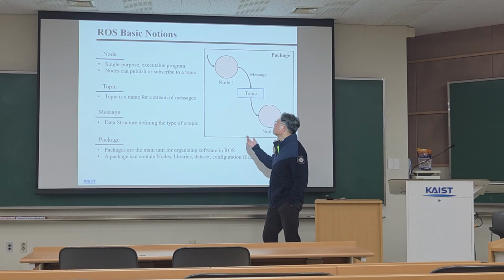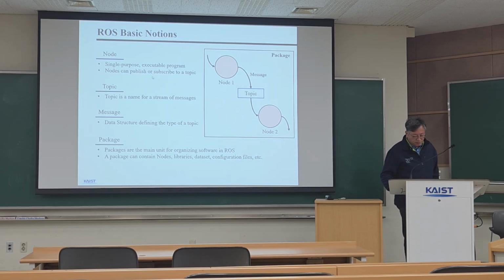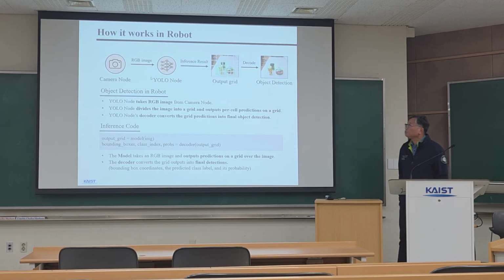Okay. So there's a camera node, which takes RGB images, it sends them out to the YOLO node, and the YOLO node does detection.